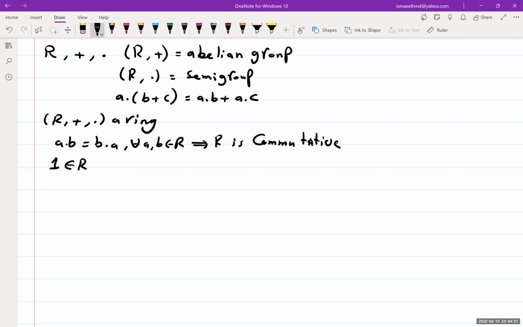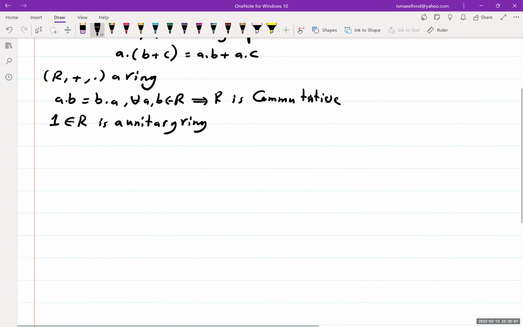If 1 is contained in R, then we say that R is a ring with unity, or R is a ring with identity. Sometimes we say that R is a unitary ring. That means we have the identity 1.